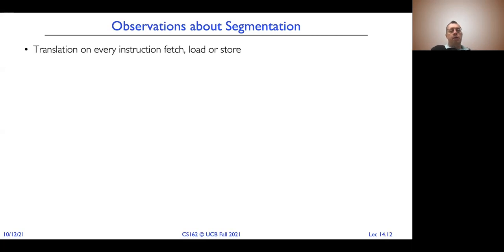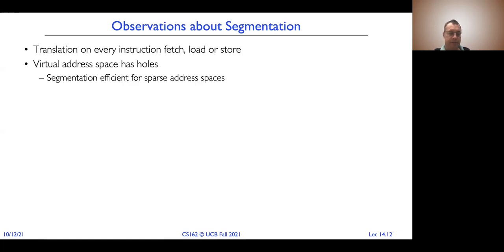So a few things about segmentation. The one problem with segmentation, although it's a very elegant solution, is that you have to translate on every instruction, whether you fetch an instruction, read some data, or write some data to the memory.